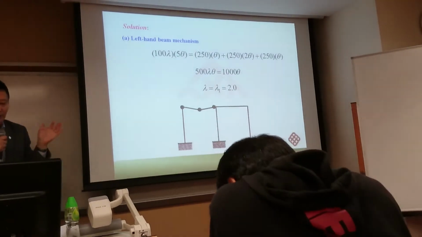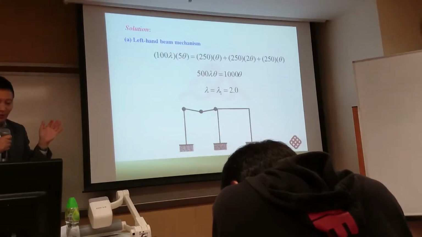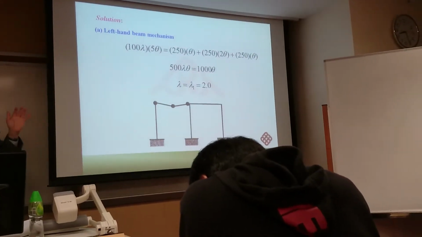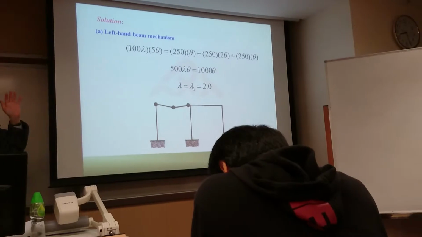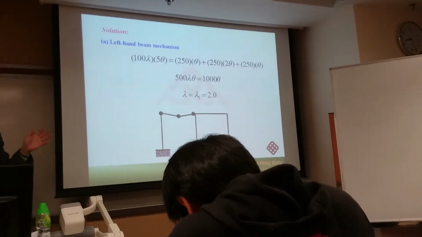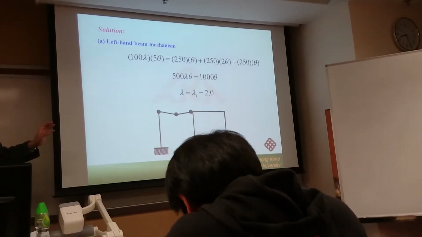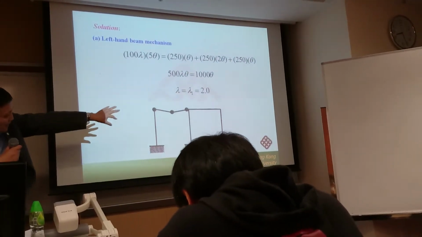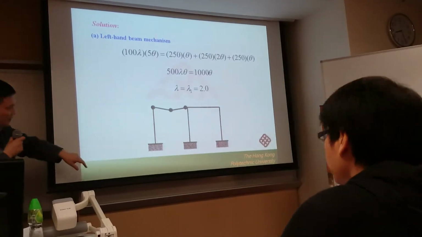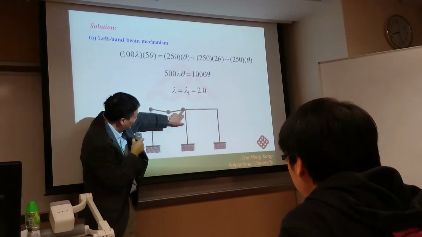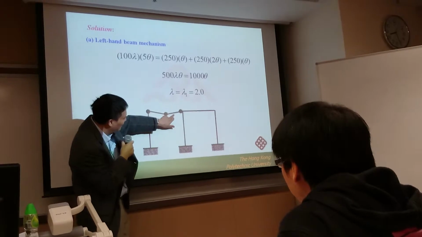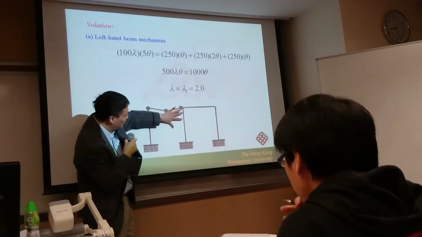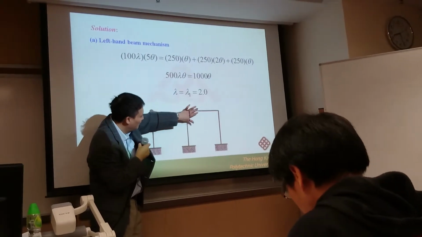You just need to take the plus moment for the left beam, even though it is larger than the plus moment for the other 2 connecting members. So you just need to take the plus moment for this plus hinge equal to the plus moment for the left beam, even if it is larger than the plus moment for this column and for this beam.